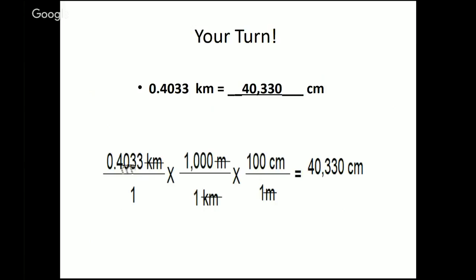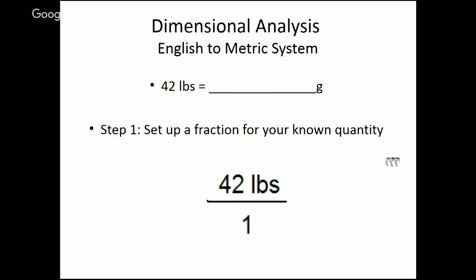Now I can multiply the 0.4033 times 1,000 times 100 divided by 1 times 1 times 1, which is 1. And that gives me 40,330 centimeters.